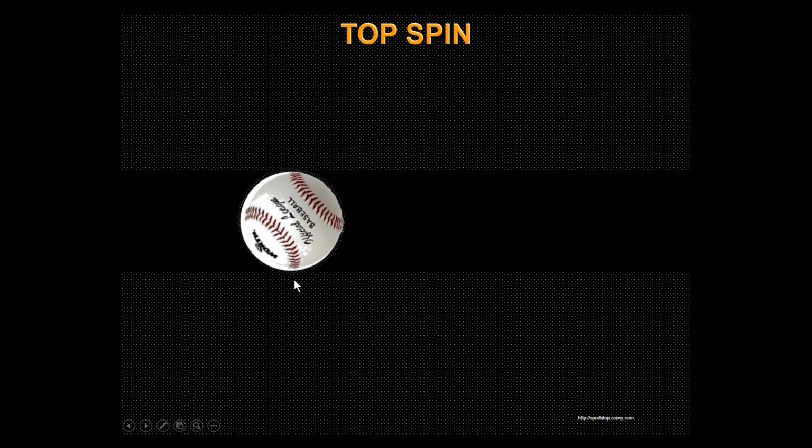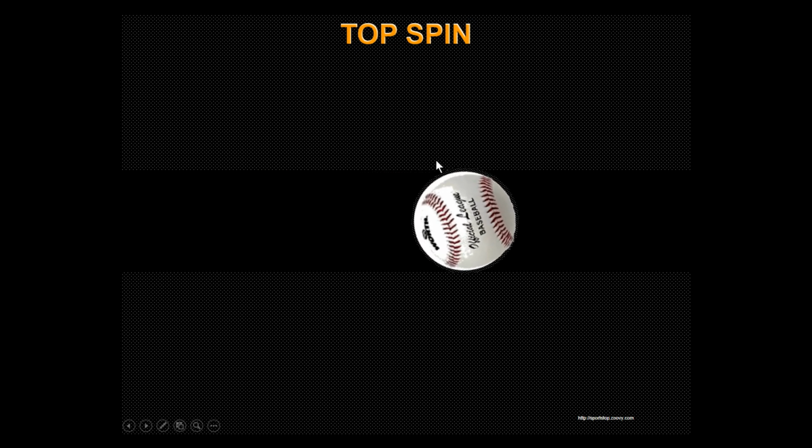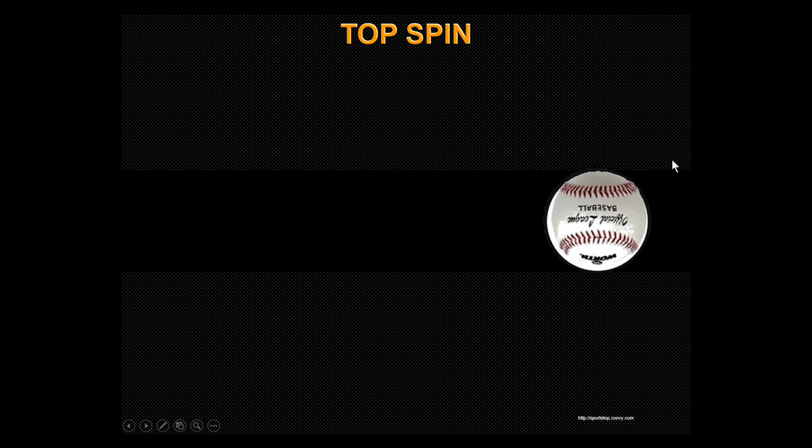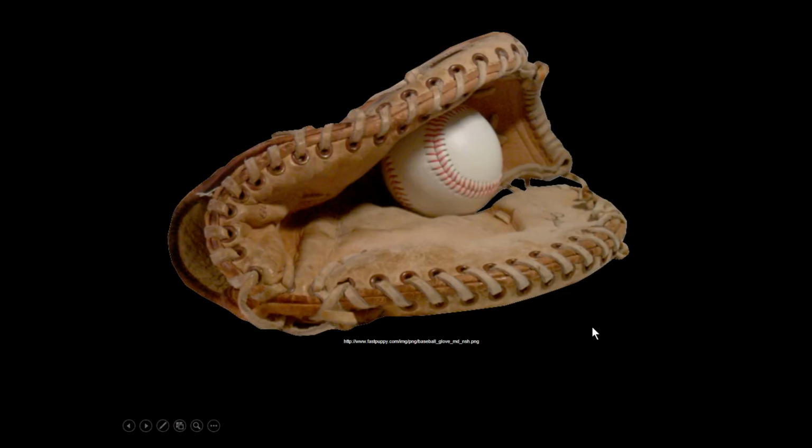As it's going along like this, the air that's going with it collides into the air that's coming around, and that head-on collision slows the air down. On this side, the air is going in the same direction, so it doesn't have that head-on collision and it doesn't get slowed down. So if it doesn't get slowed down, it's going faster on the bottom, less pressure, and it gets pulled down.